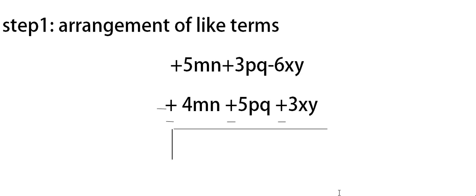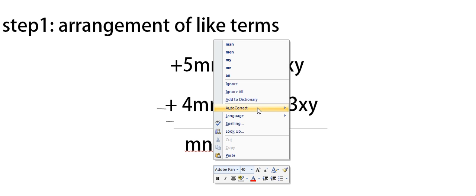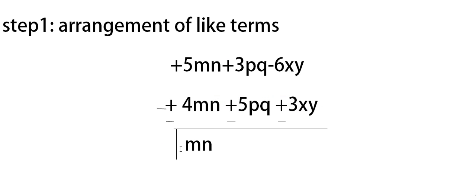So I will just write mn. This is the operation that I have done. Now what sign will it carry? I have told you the sign will always be of the bigger number. So the bigger number here is plus 5, so I will write a plus sign in front of it.